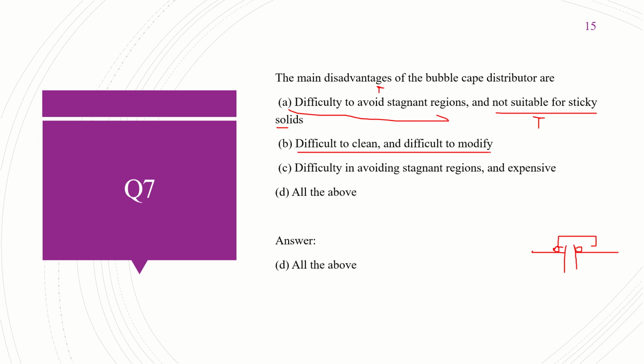Difficult to clean and difficult to modify, it is again true. Because modification we cannot do, right? In the perforated plates it was easier, because there were only perforated plates with sandwiching, so we can be removing it and modifying it, whereas here the fabrication involves a pretty much larger thing, and if needed to clean and modify, removing this and modifying it is a very difficult task.